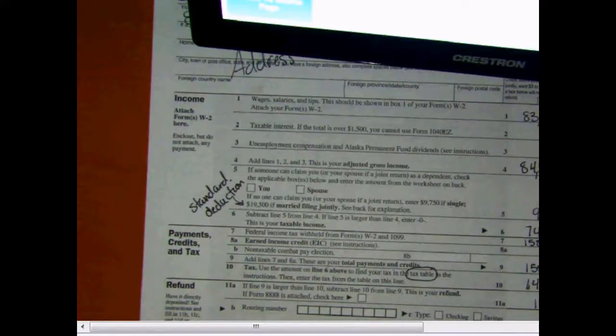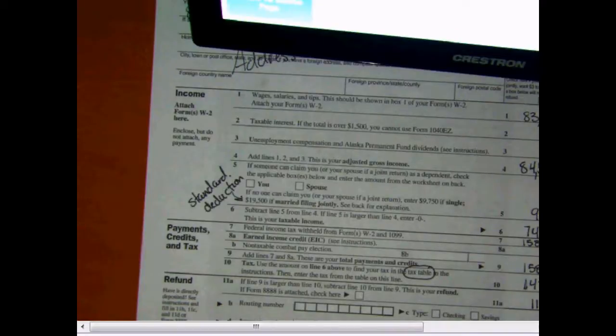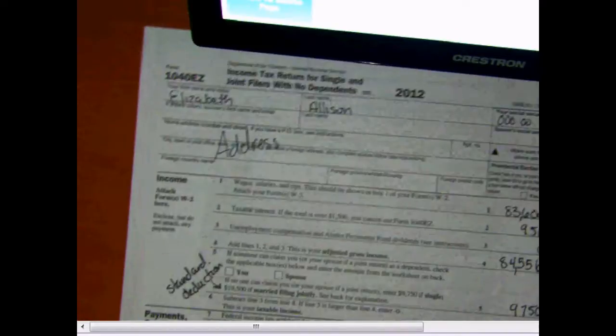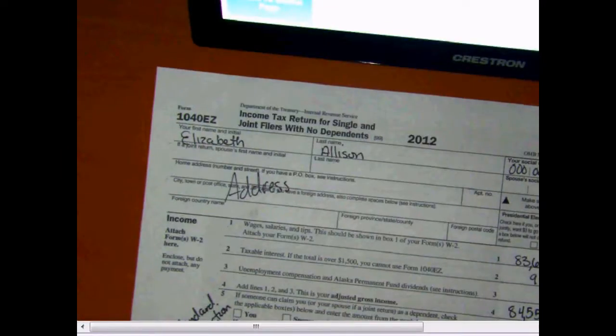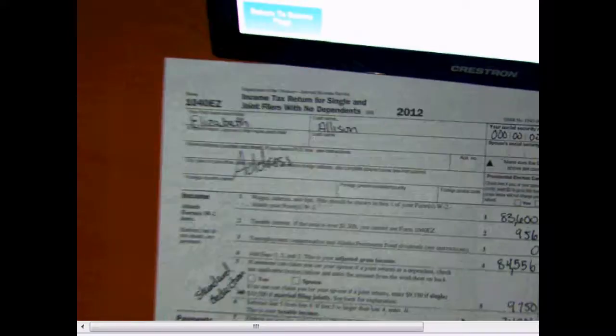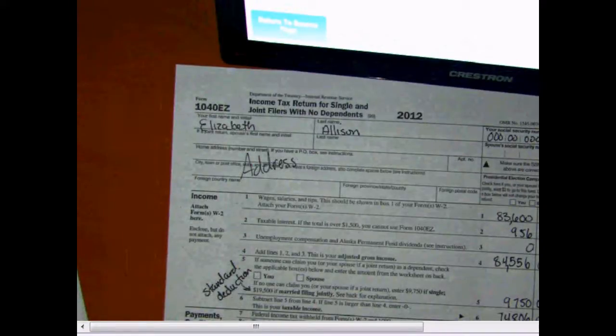Third party designee: do you want to allow another person to discuss this return? Maybe you want your parents to be able to discuss your tax return or something. You fill that out. Any questions on this form, the 1040EZ? You guys think it's relatively easy?